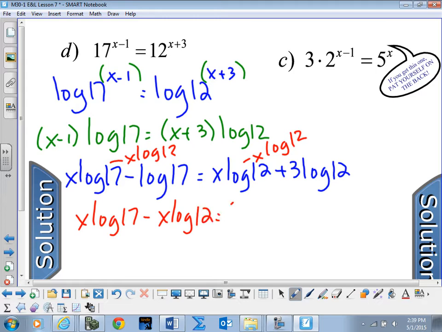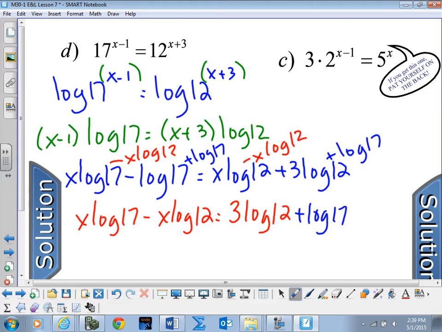So what I have left here is 3 log 12, and I'm going to move log 17 to the right side by adding it. There we go. Now we have our x terms on one side, the non-x terms on the other side. When we have two terms with x in them and we need to isolate x, the only alternative is to factor out the x.